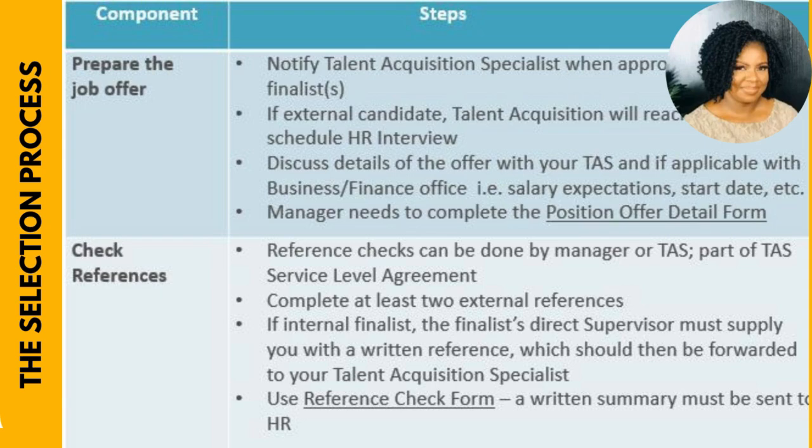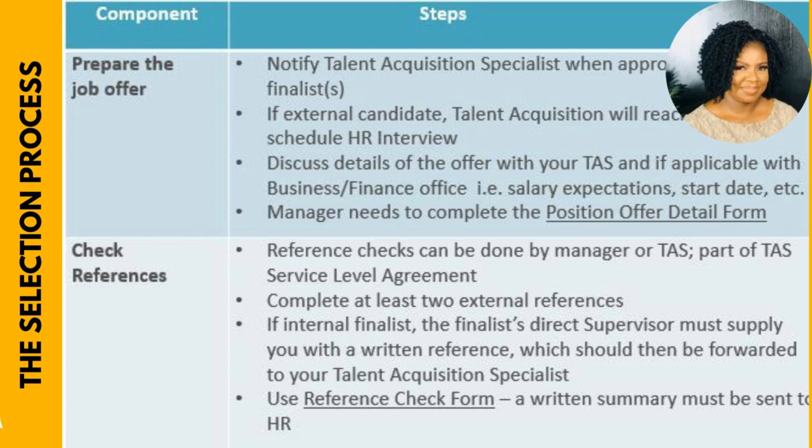Okay, request at least two external references that are not directly family members. In some cases, one will be a family member and one will be previous employment, or a career mentor, or a professional that can reference the candidate. If it's an internal finalist, the finalist's direct supervisor can also serve as a reference.